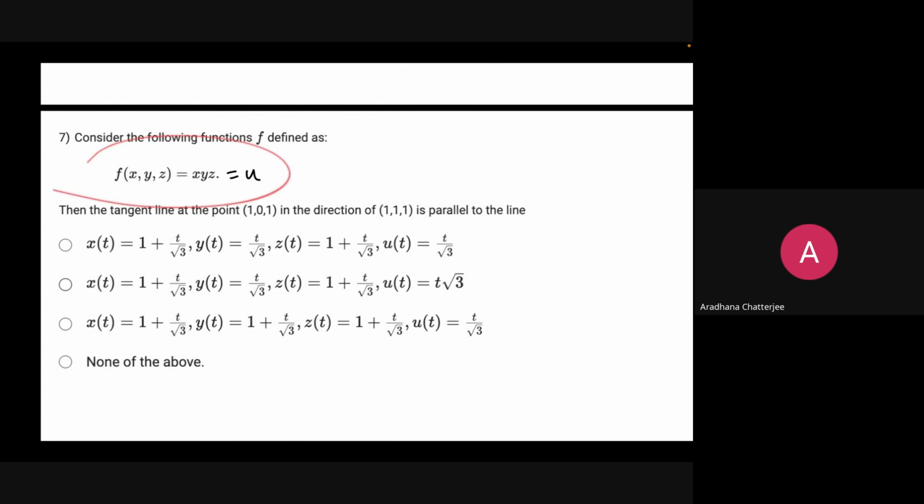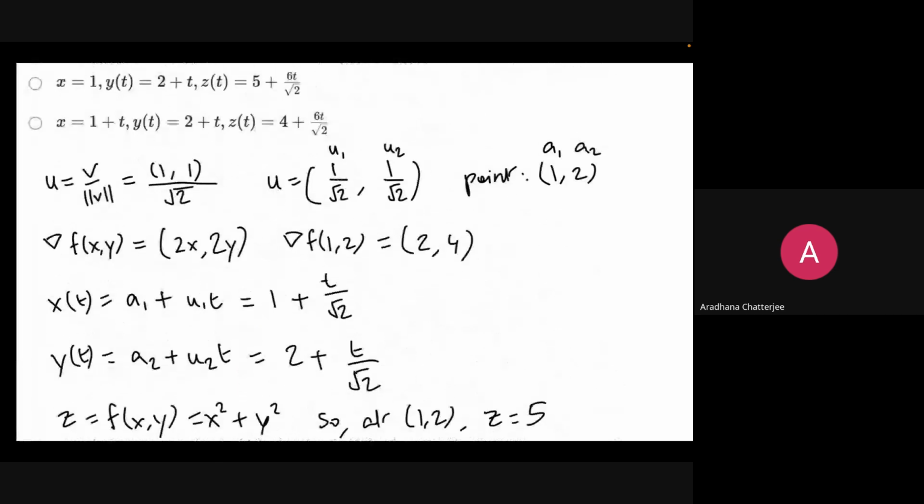So this whole thing is u. Like here we saw that this whole thing was being set equal to z. Here similarly, because it's already xyz, we have to introduce a new variable, that is u they've taken here. So u is equal to this value. When you put in (1,0,1), that is u.